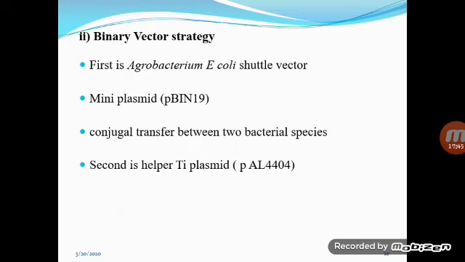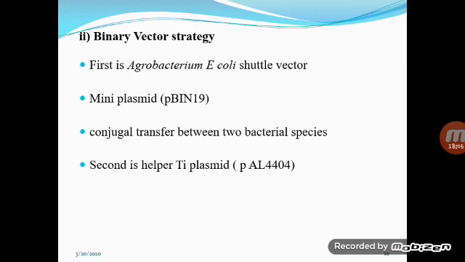Second is the helper Ti plasmid, pAL4404, from which the T-DNA segment has been removed. It has functional Vir genes.